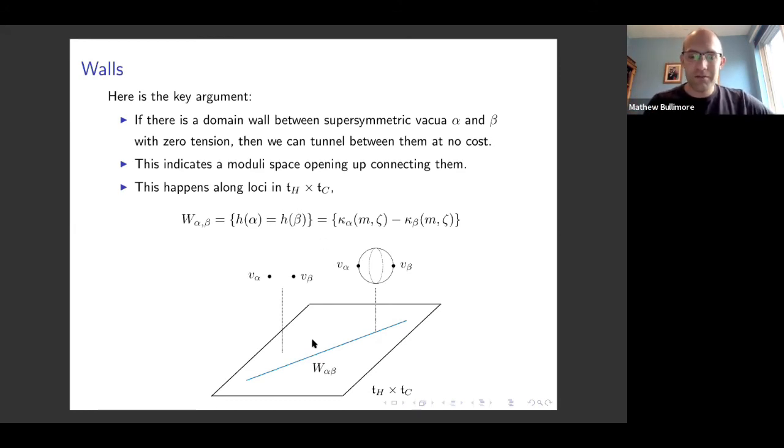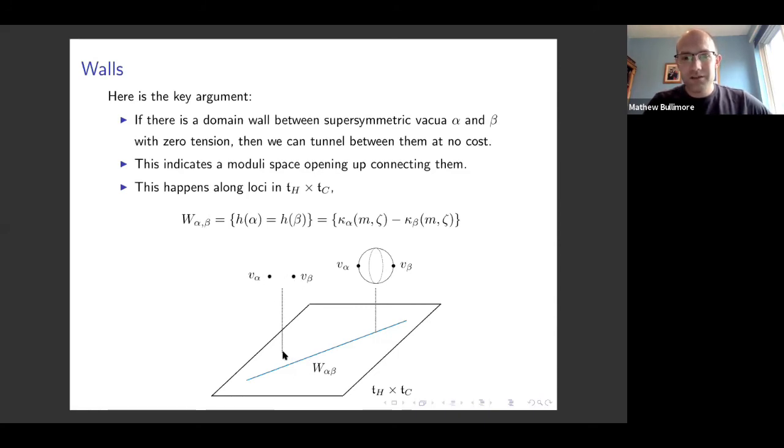So the picture looks something like this. If I think of this parameter space of masses and Fi's, which is the product of the Cartans of the flavor symmetries, at a very generic point, then you're going to have just discrete isolated points for your vacua. So I represent this by 2 points.